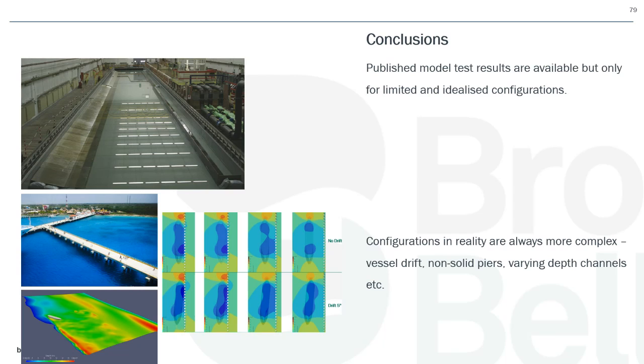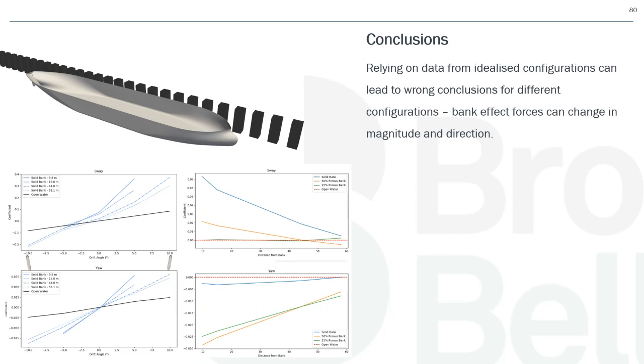The issue with model tests and learning from the data there is it's all very idealized in configurations, so when you then use that data for real world conditions, when you've got messy issues such as vessel drift, non-solid piers, varying channel depths, and often a combination of all of those things, the usefulness of these model test data becomes a bit less clear, and if you rely entirely on those, you can come to some wrong conclusions.